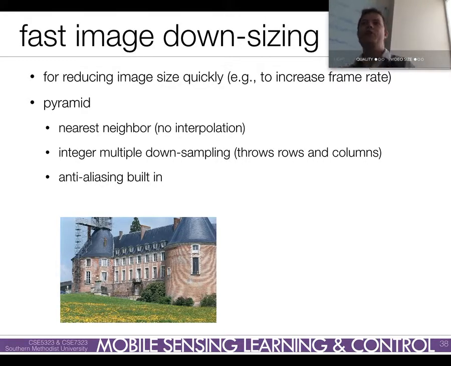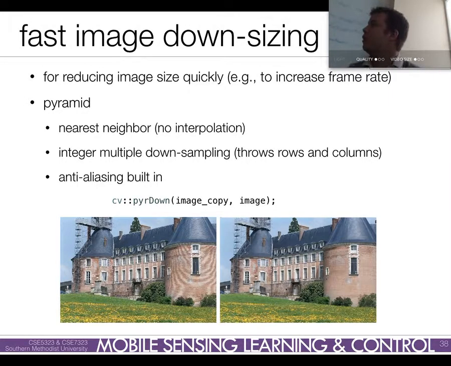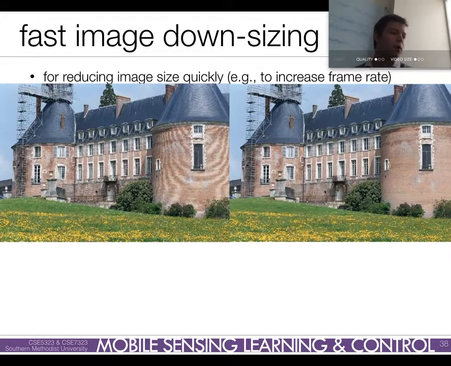The way that you would get rid of that is take your image, blur it, then downsample. Okay? So you blur it, and then you can get an image that looks like this. If you use the OpenCV function, which is pyrDown, pyramid downsampling, you can essentially give it the image and save it into a copy, and you will get something that's a lot more like this, right? So let me blow these up. Essentially, that high frequency aliasing is gone now, right?